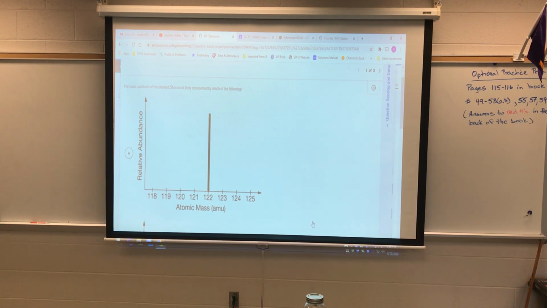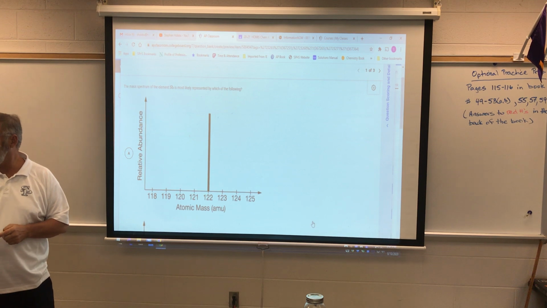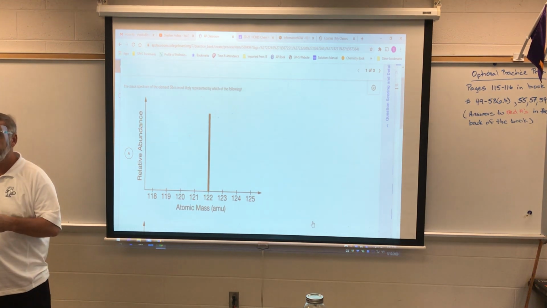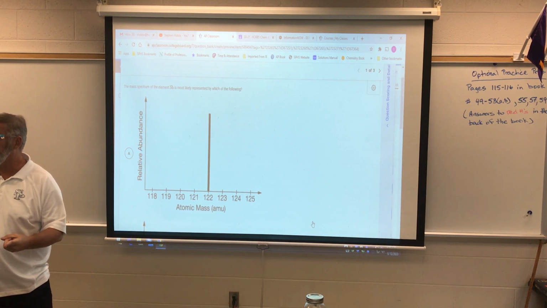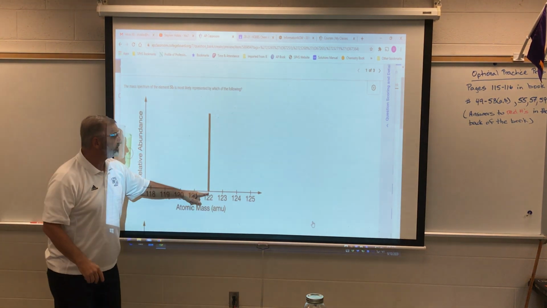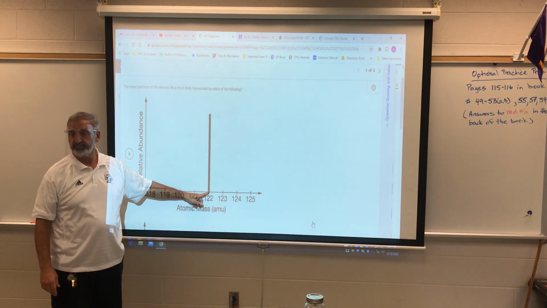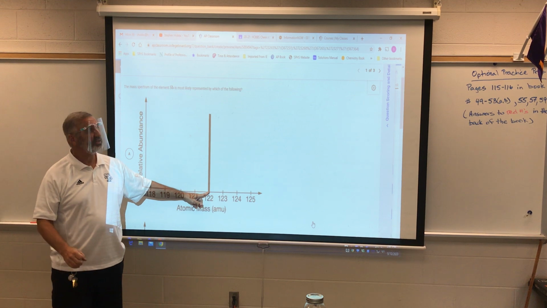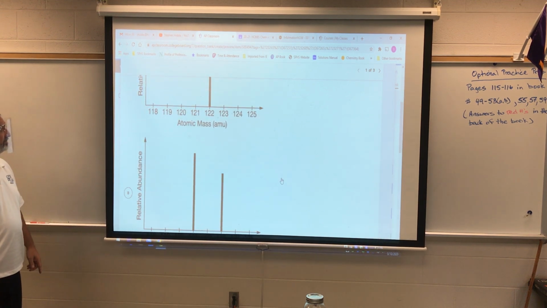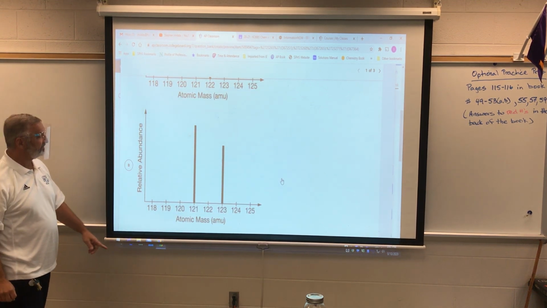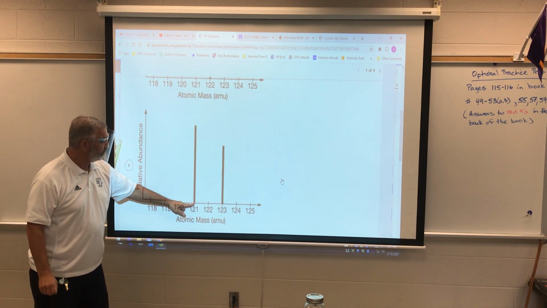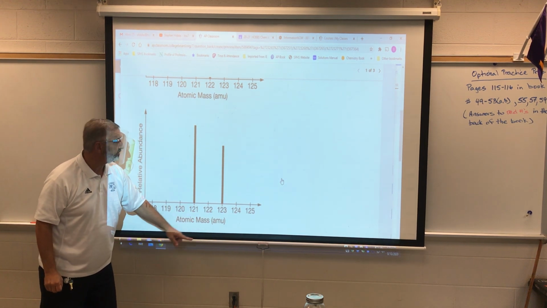So how do we calculate average atomic mass? The percent abundance times the mass of each isotope, right? If there's only one isotope, what would be the mass of the antimony? 122. Okay, scroll down to just the B. Now I have this one, 121 and 123.